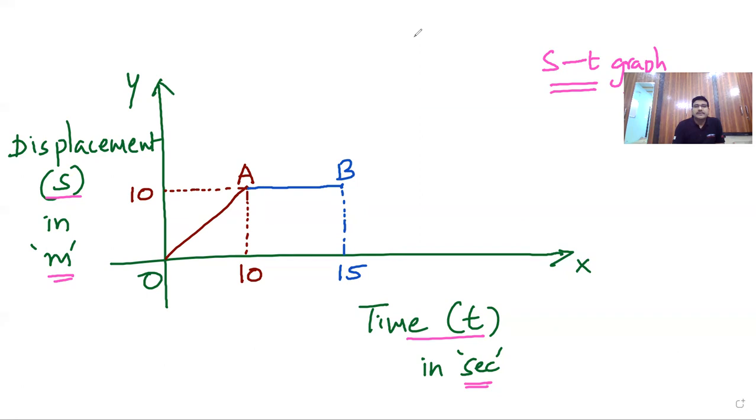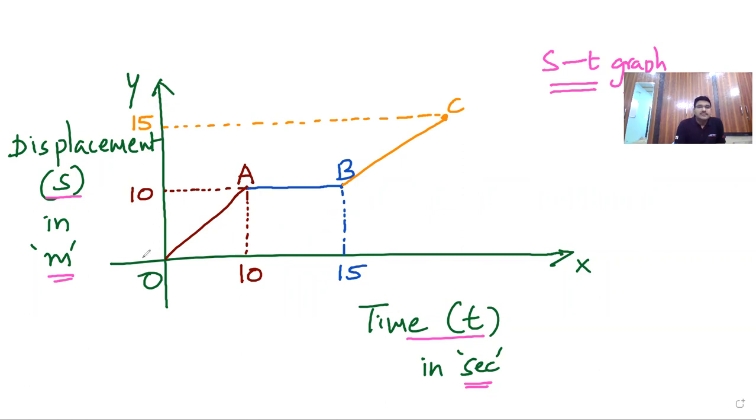Again, there is a line like this, and the point here is C. It cuts the y-axis at 15 meters.